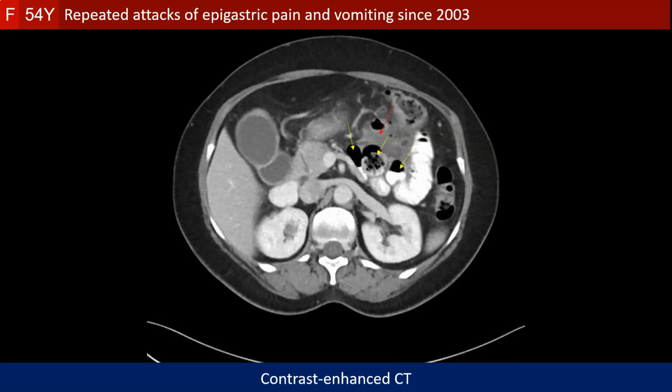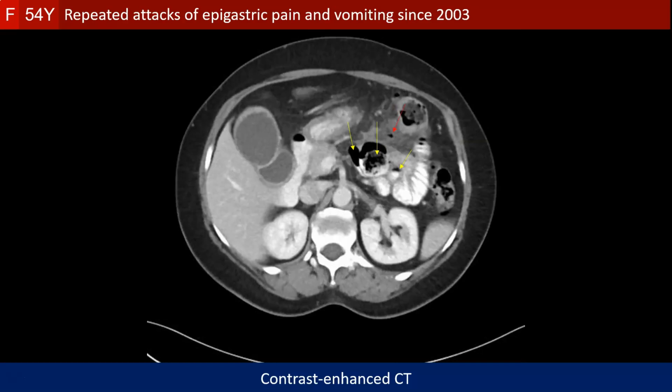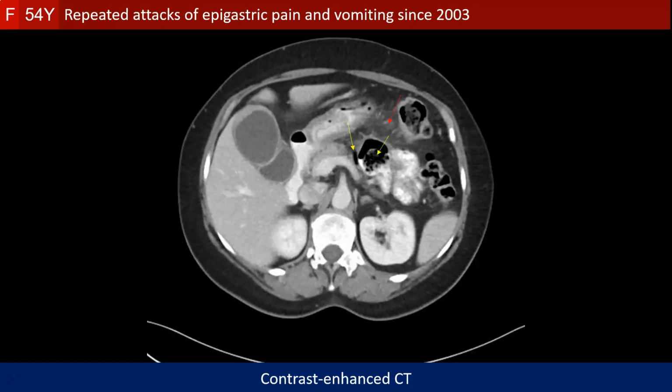Still we see the red arrow pointing to the dirty fat around these 3 diverticula, which means they are inflamed or perforated. Probably perforated is the best expression, because the red arrow here points to a gas bubble within the mesenteric fat, extraluminal.